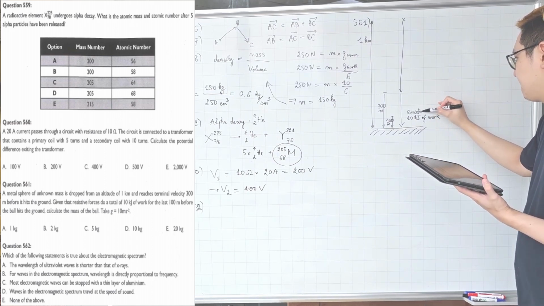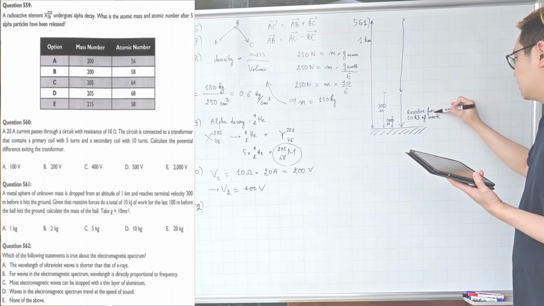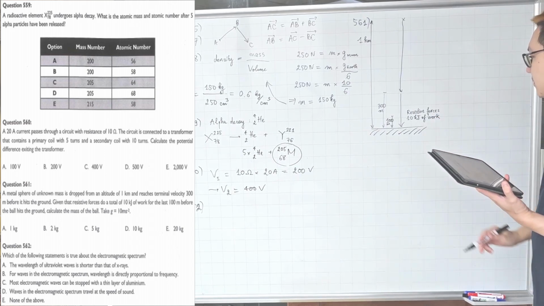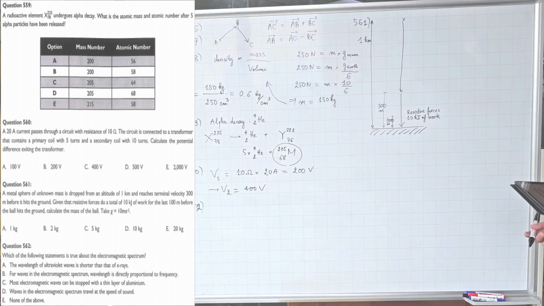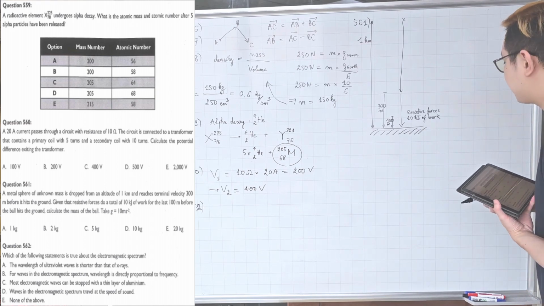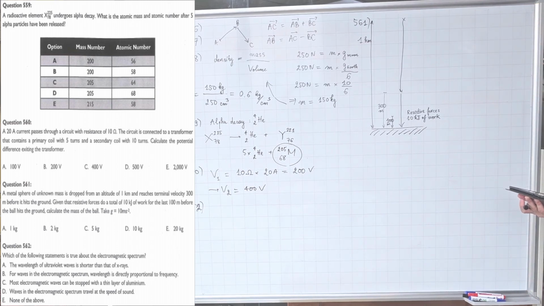The resistive force does 10 kilojoule of work over the last 100 meters before it hits the ground. You calculate the mass of the ball. So what is the resistive force here? It's air resistance, right?